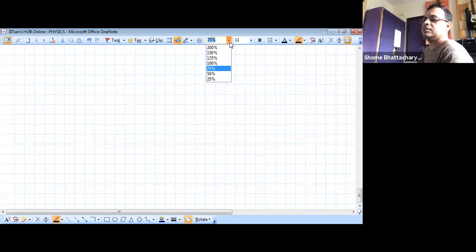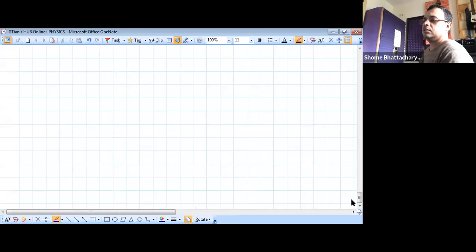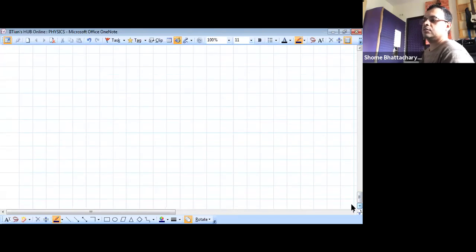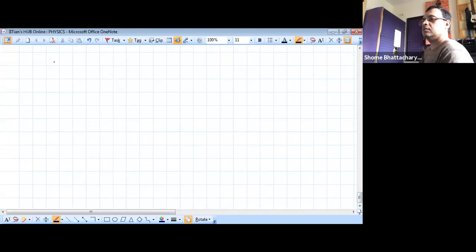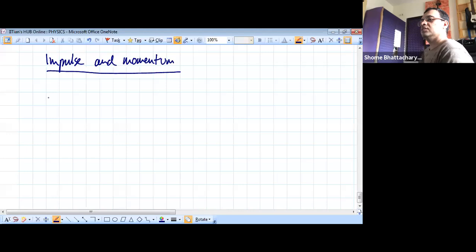Now next we'll see something very interesting based on this definition of impulse. We'll see the relationship between impulse and momentum, as an application of Newton's second law. The statement of the second law is that net force is equal to change in momentum upon change in time, the rate of change of momentum with respect to time.